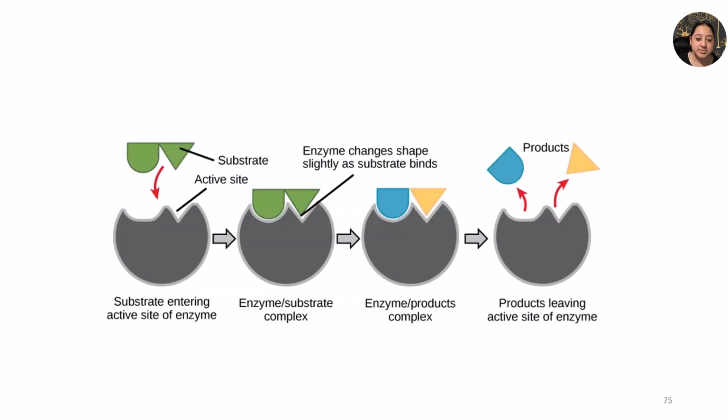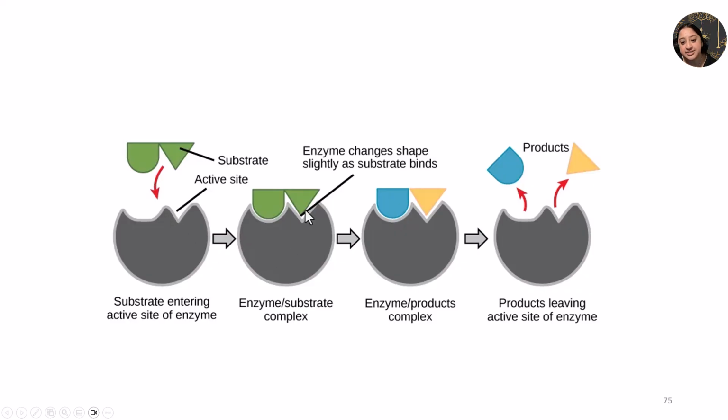So here is a picture from the OpenStax textbook. Here's an enzyme, this grayish blob, and this is a substrate, just generic. This is the one substrate that this enzyme binds to and recognizes. And so there's what's called an active site. That's the spot where the enzyme recognizes the substrate and where it binds.